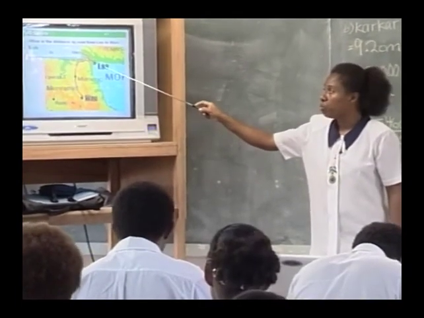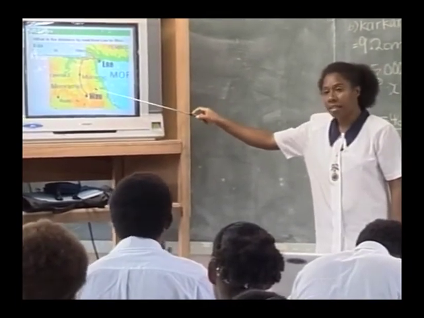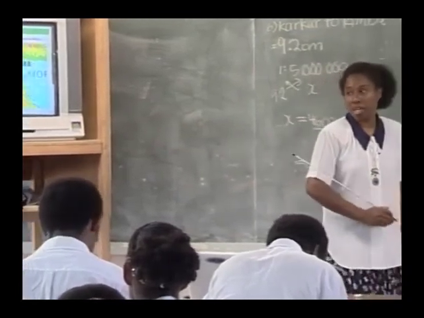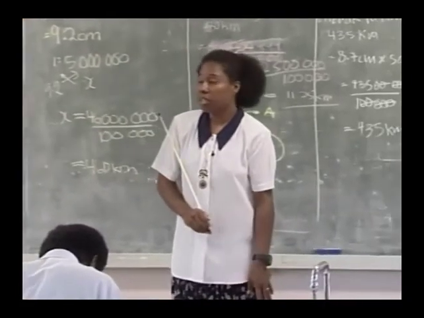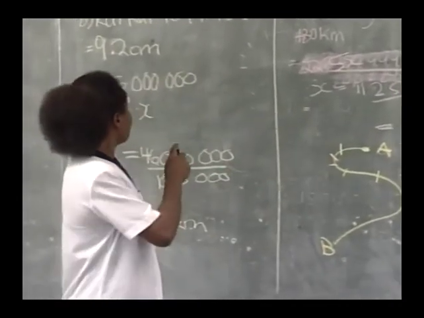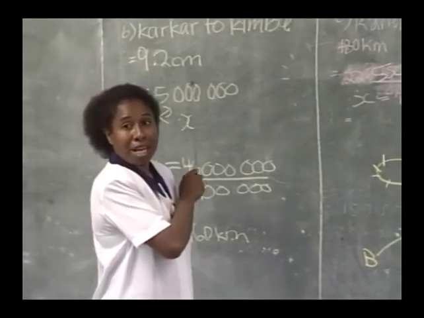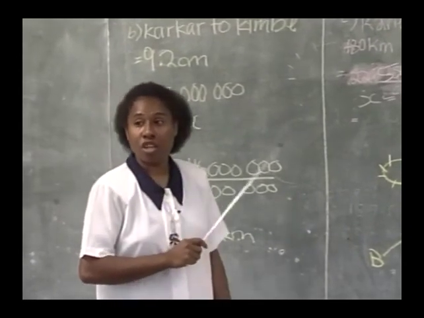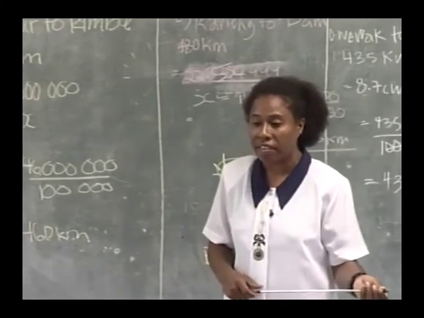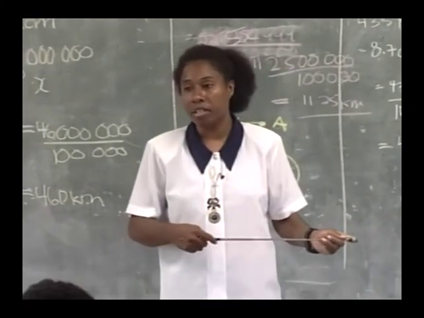Now that we have 2.4 centimeters, the next thing that we need to do is to use the scale. The scale of our map is 1:5 million. Similar to what we've done here, we're going to find 2.4 multiplied by 5 million. Can you use your calculators quickly? 2.4 multiplied by 5 million and divide by 100,000.